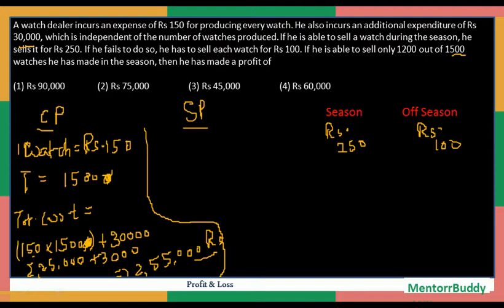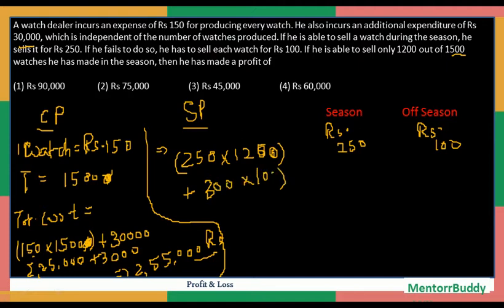That will be 250 rupees for one watch, and he sold 1200 watches, plus the remaining 300 watches he sold for rupees 100.